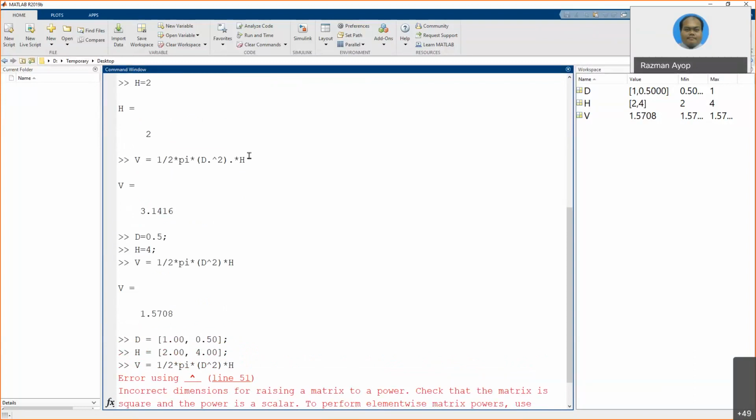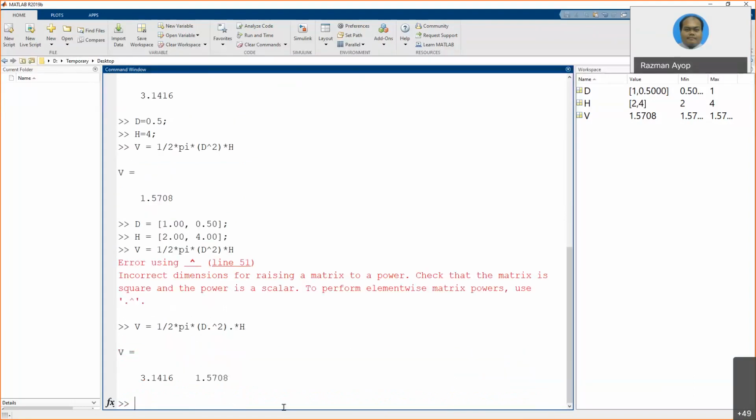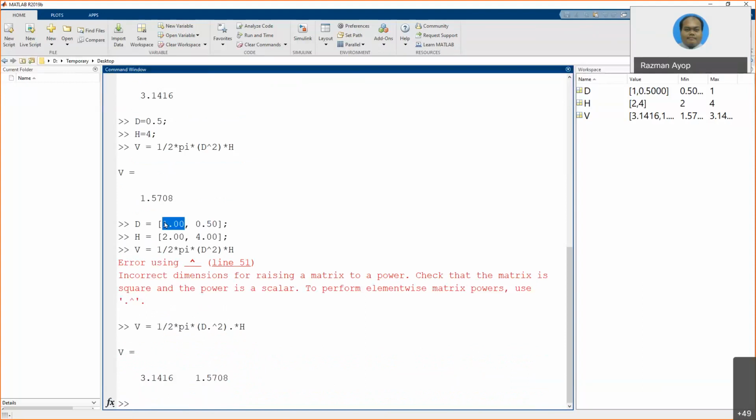That's why you have to put the dot. Just to tell MATLAB that you have multiple values and you want to do it per vector, first vector, second vector, something like that. So after you put dot, you get the answer for each. This is the first vector and then the second vector.